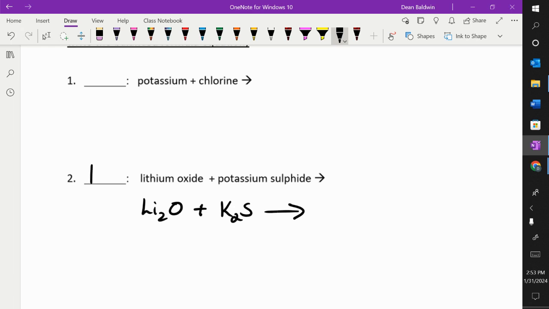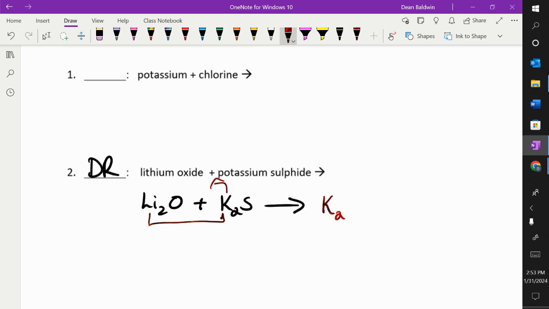It's going to be a double replacement. So that means the metal kicks out the metal, right? So the Li2 is going to bounce the potassium. You're going to get K2O and Li2S. Is it balanced? It's balanced, isn't it? You don't even have to balance it.